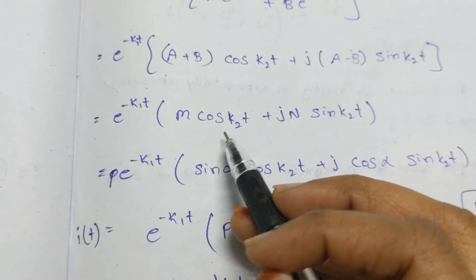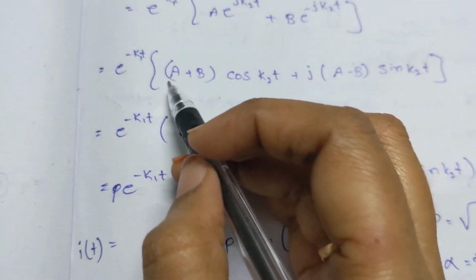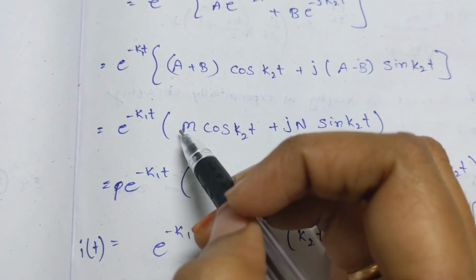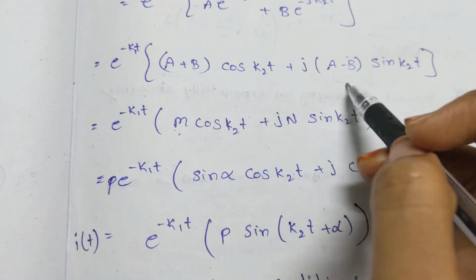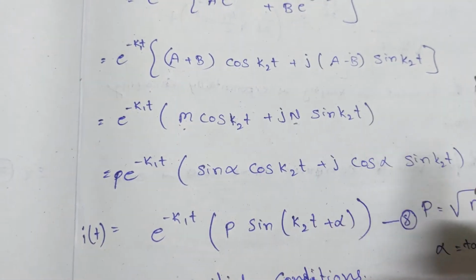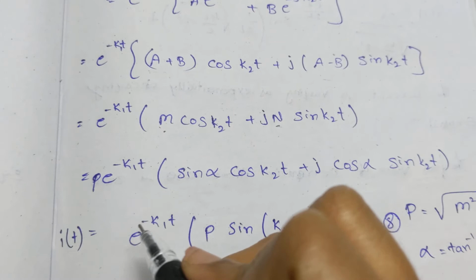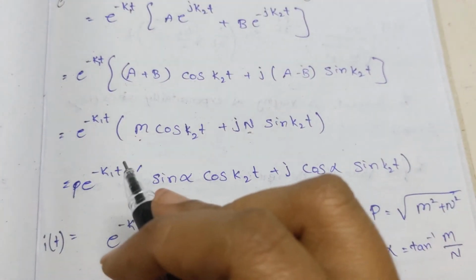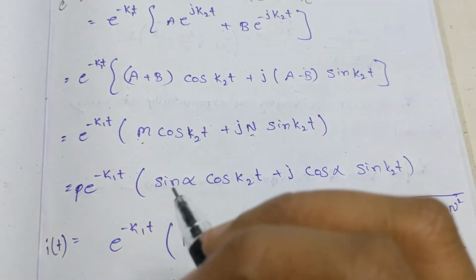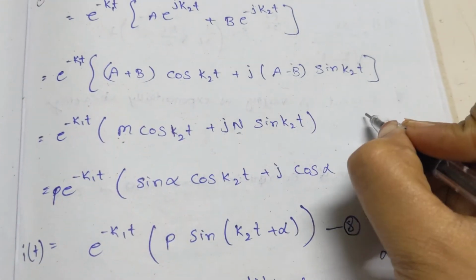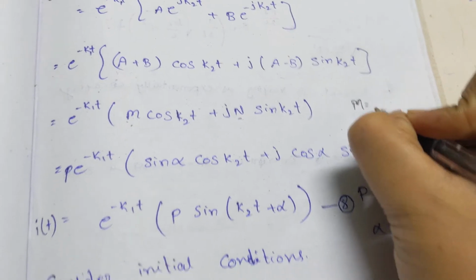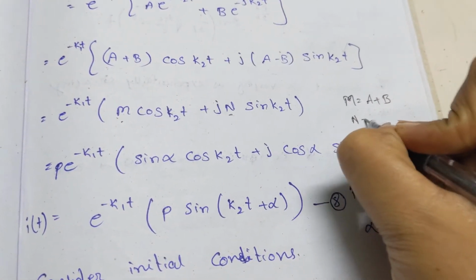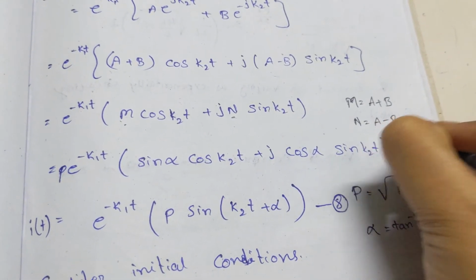Whatever this a plus b formula is, I can give it the variable m, and a minus b I can give the variable n. So m is nothing but a constant, a plus b, and n equals a minus b.